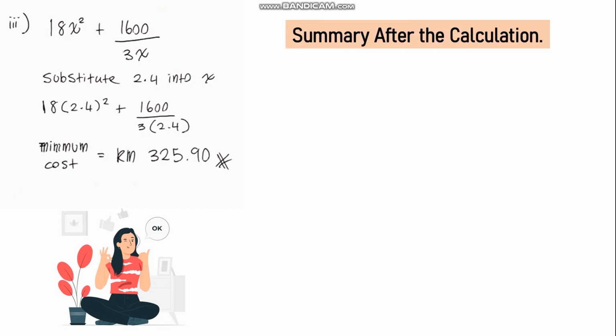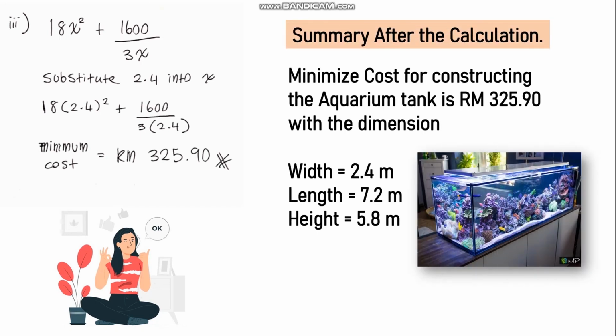From all of the calculation, we can summarize that the minimized cost for constructing the aquarium tank is 325 ringgit 90 cents, with the dimensions 2.4 meters for the aquarium width, 7.2 meters for the length, and 5.8 meters for the height.